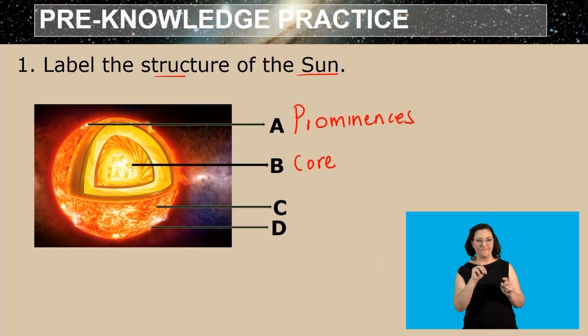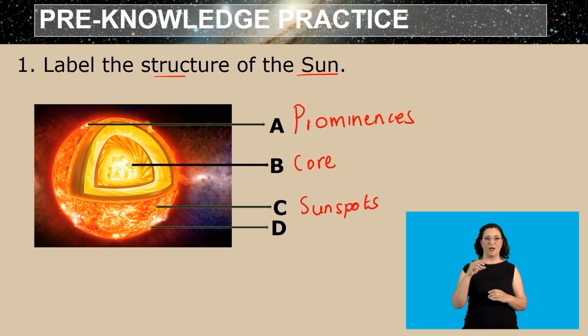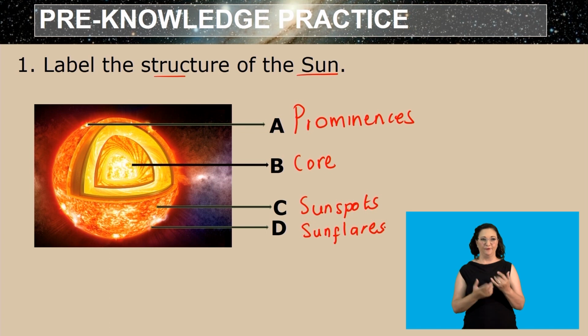And then C is our sunspots. And then let's go to letter D. Letter D is our sun flares. Okay. Now that we have labeled the structure of the sun, let us move on to the next question.